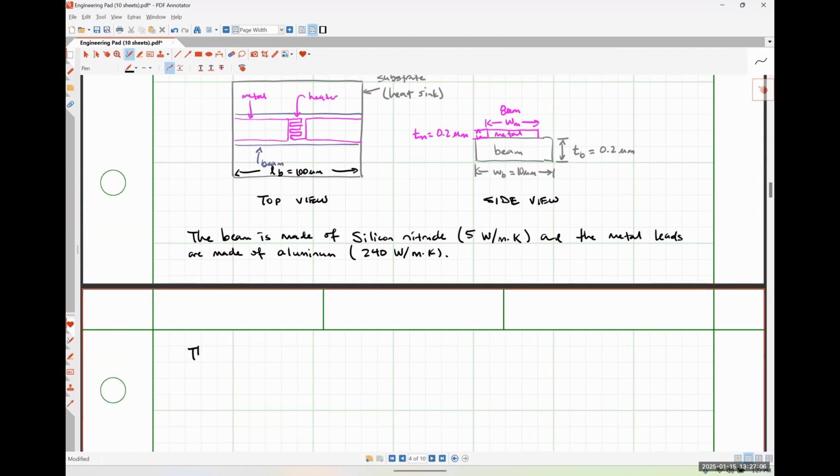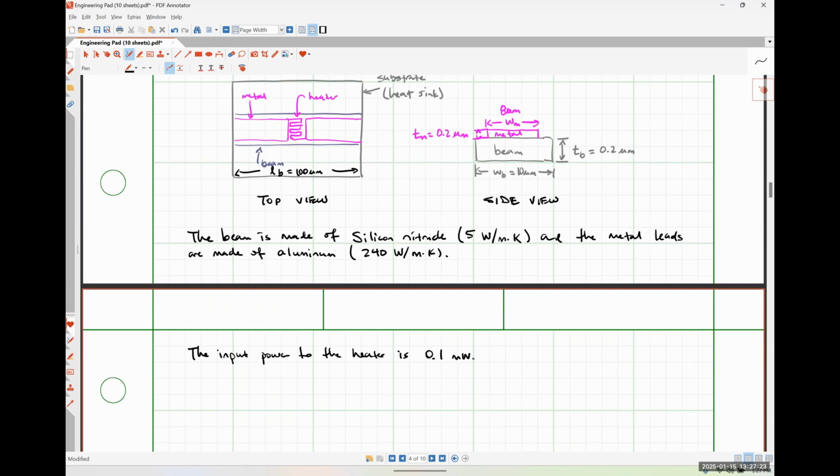The input, sorry, this is taking forever to set up. The input power to the heater is 0.1 milliwatts.